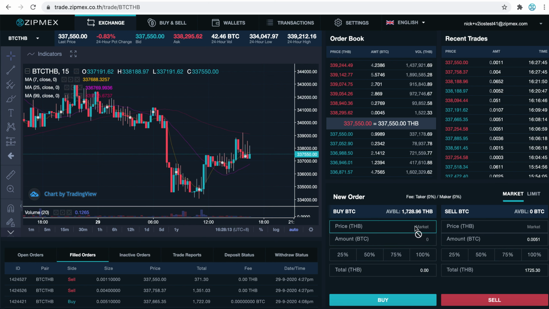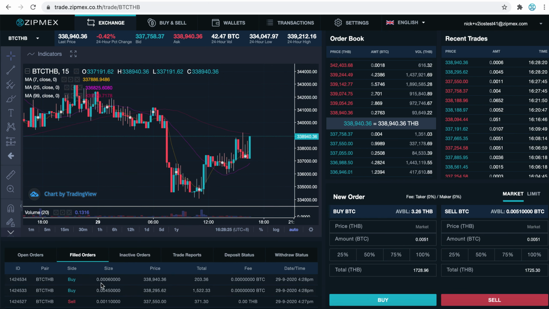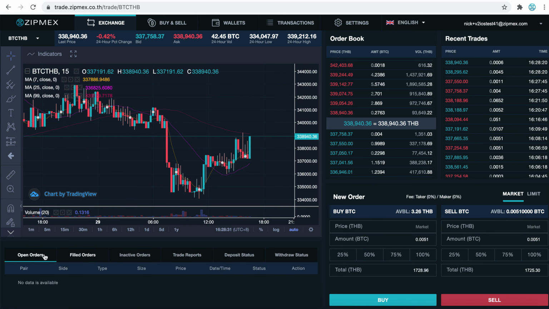So you'll be buying at the best market price, 100% of 1,700 baht. Buy. Okay, so my order is executed immediately, and I got 0.0051 Bitcoin. So this is what a market order does.